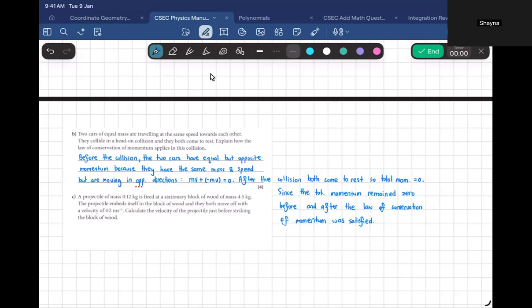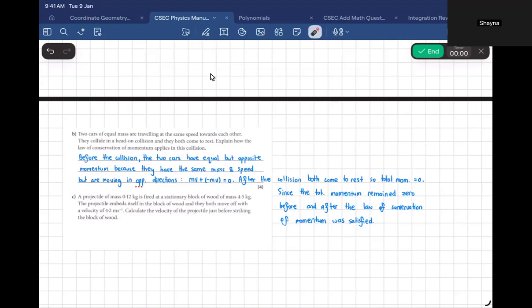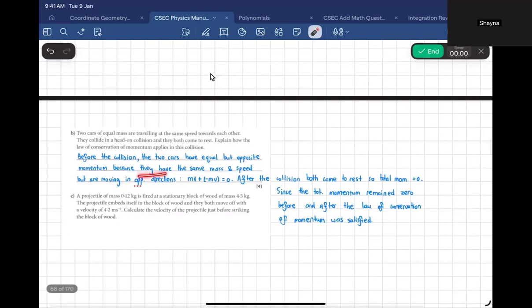Okay. I still feel like it could be a little better, and it could include the equation, right? How many marks would I give you if I was to mark this? You left out the important part, Sheena, that they had the same mass and speed but were moving in opposite directions.